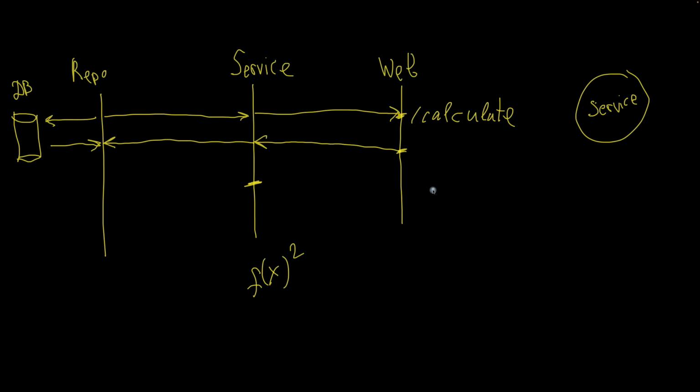So when the client service calls us with a request, they will send a payload, for example 5. We'll take this input, it will go to the service layer, and we will call this function.